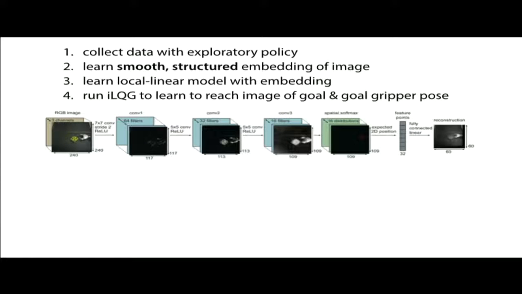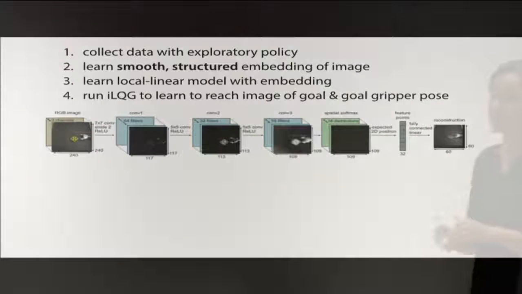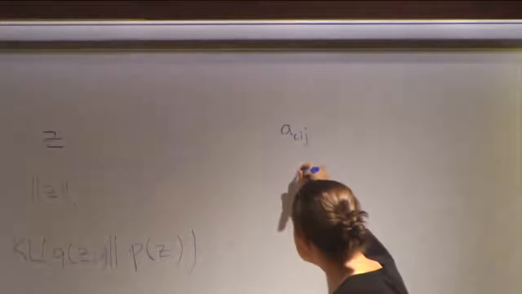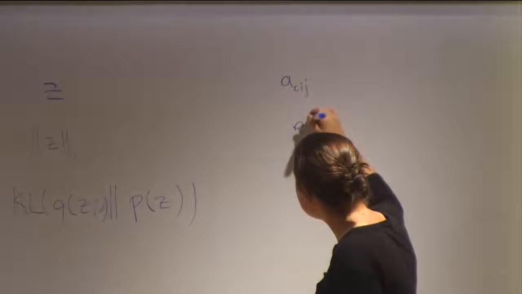Mathematically, this works as follows. Say the last feature map is A, for activations, and it has indexes c, i, and j: c for channels, i for the x coordinate, and j for the y coordinate. The softmax works by exponentiating.